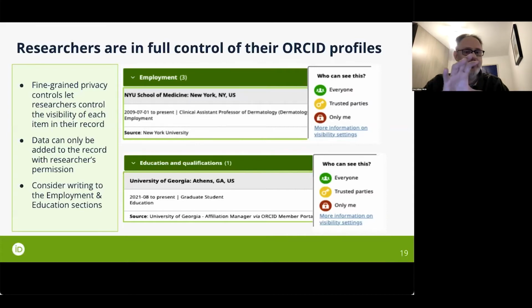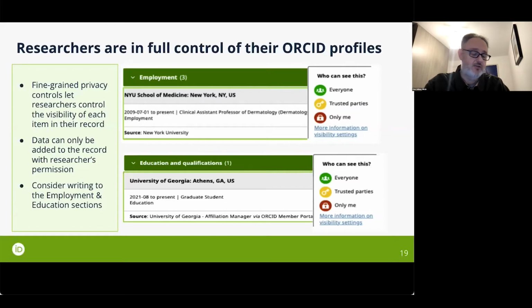For every element in their profile, they can either make that available to everybody, public, which is the most useful, right? Obviously, the idea is that most of the data around an academic's career is public data, and most of our data is public because that's how researchers choose to share it.